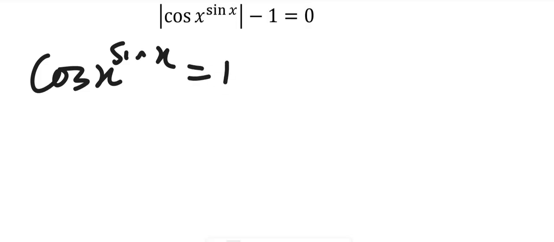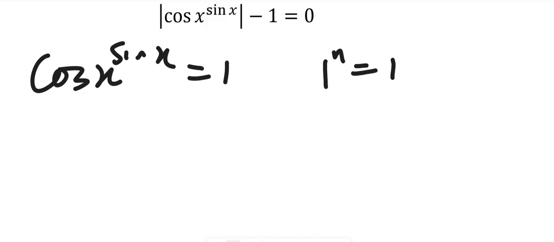Now, we know 1 to the power of any number gives 1. This is very important. 1 to the power of any number, being a negative number or a positive number or fraction, will still give you 1, which means the base here will be equated to 1, irrespective of what the power will be.